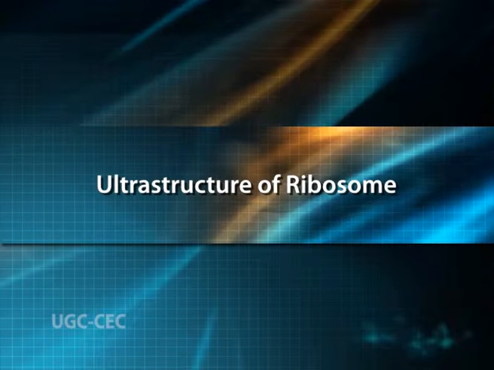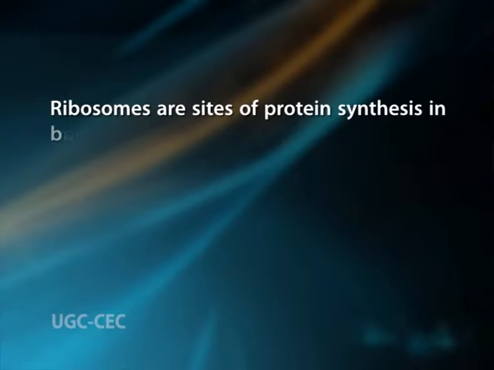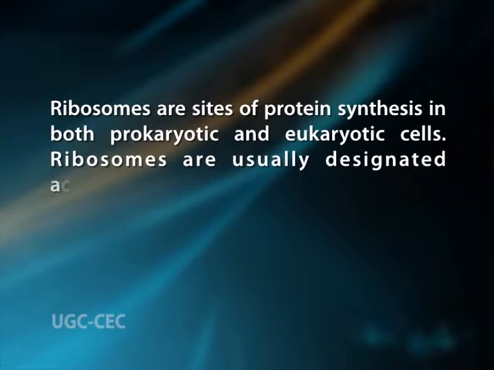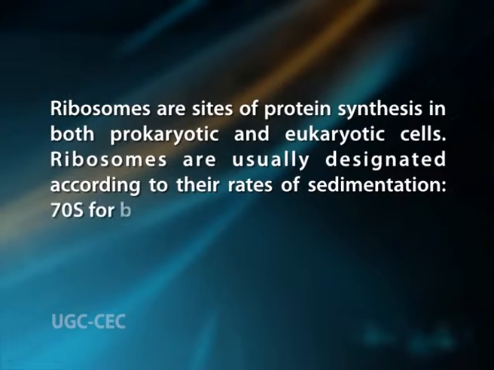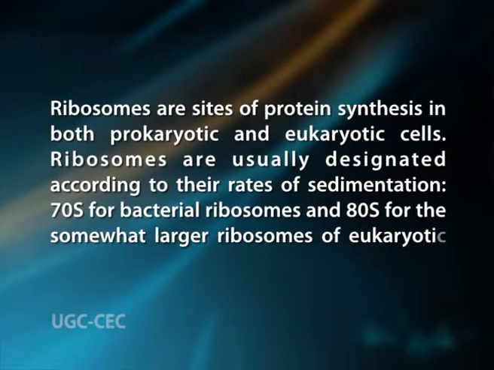Ultrastructure of ribosome. Ribosomes are sites of protein synthesis in both prokaryotic and eukaryotic cells. Ribosomes are usually designated according to their rates of sedimentation, 70S for bacterial ribosomes and 80S for the somewhat larger ribosomes of eukaryotic cells.